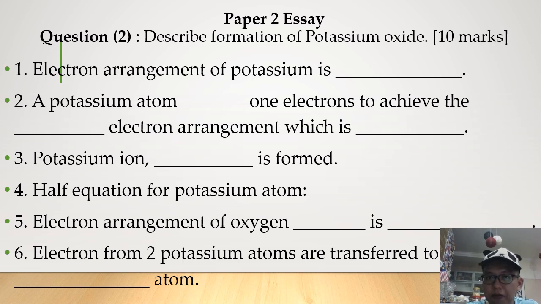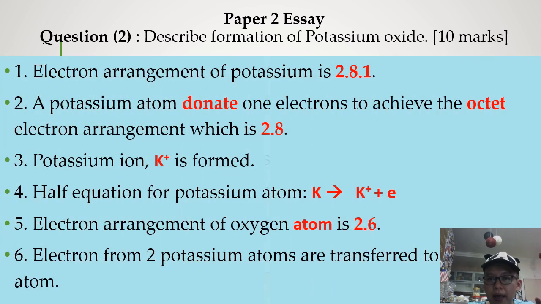Simple. Okay, let's try example 2. Describe the formation of potassium oxide. This is for 10 marks. First point, explain the electron arrangement of the potassium is 2.8.1. A potassium atom will donate 1 electron.